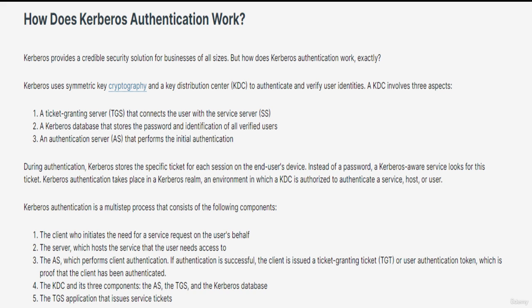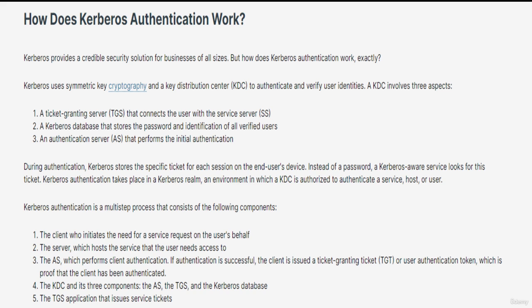Kerberos authentication takes place in a Kerberos realm, an environment in which a KDC is authorized to authenticate a service, host, or user. Kerberos authentication is a multi-step process that consists of the following components. Number 1, the client, who indicates the need for a service request on the user's behalf.